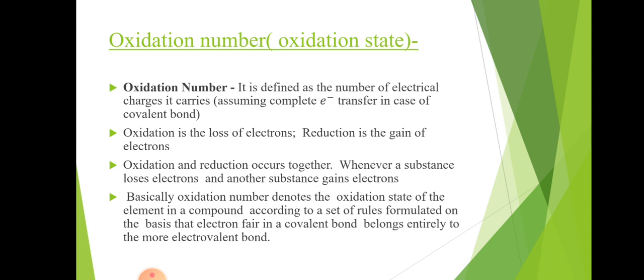Basically, oxidation number denotes the oxidation state of an element in a compound, according to a set of rules formulated on the basis that the electron pair in a covalent bond belongs entirely to the more electronegative atom.